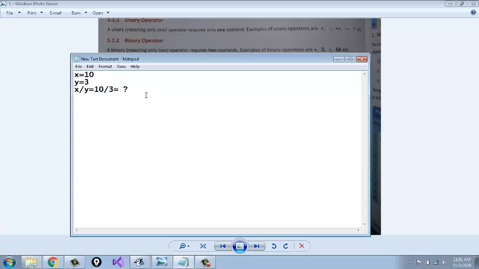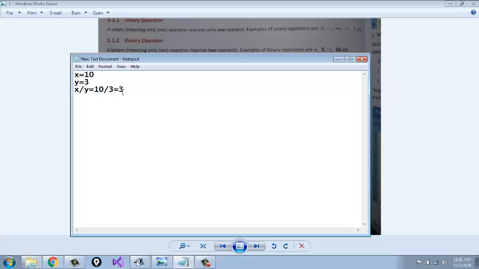See, it will be 3 only, because here we can multiply 3 into 3. 3 into 3 will be 9. What is the remainder? 1 will be the remainder. So this division operator will return, or the result will be, the quotient, isn't it?